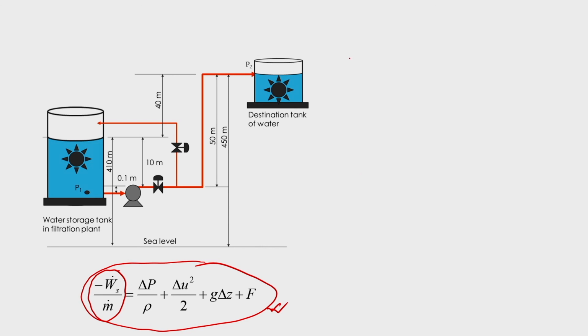Let us calculate it. m dot is given as 0.2 into 1000, so that will be equal to 200 kg per second. This is your mass flow rate.